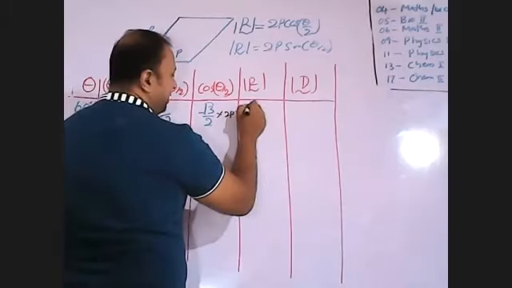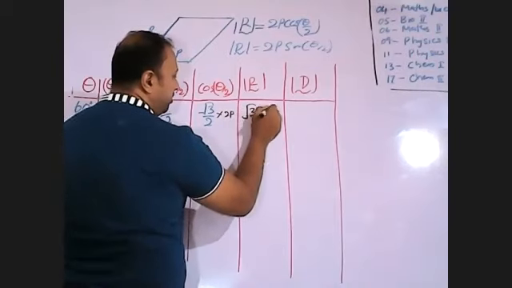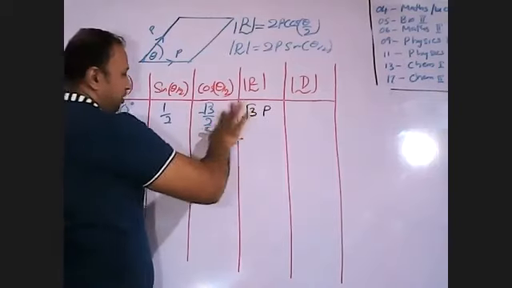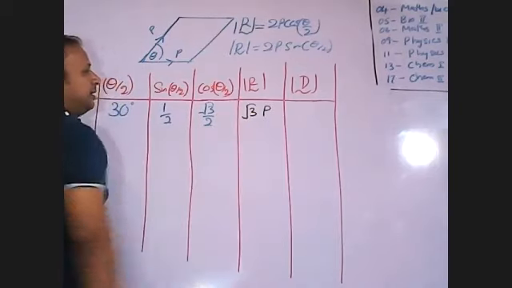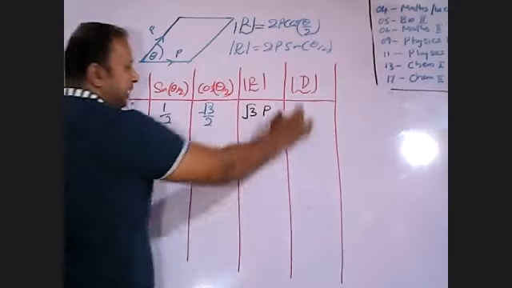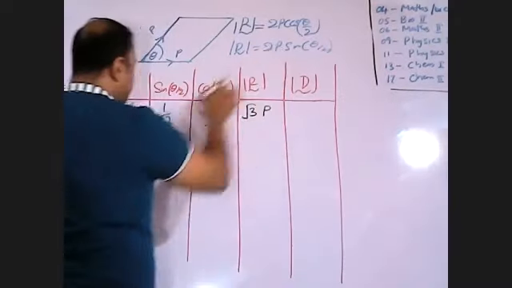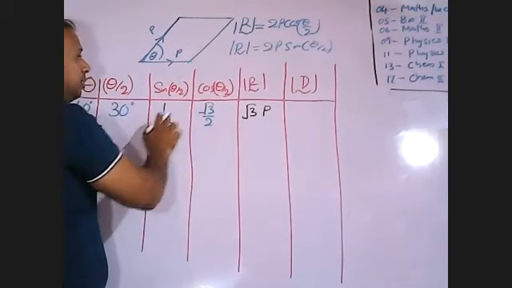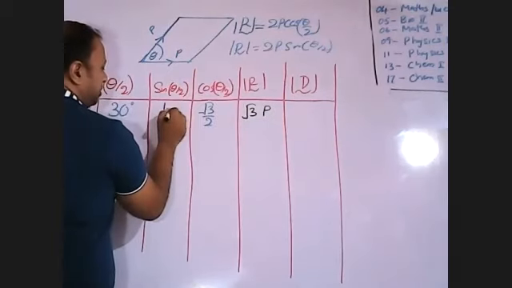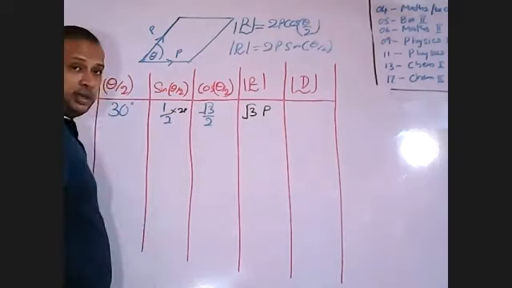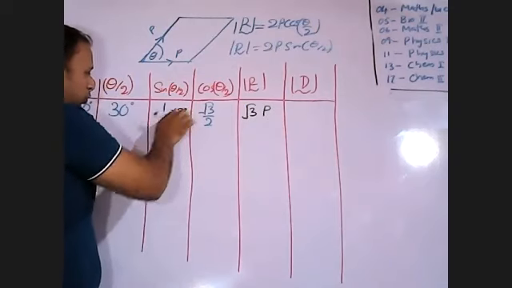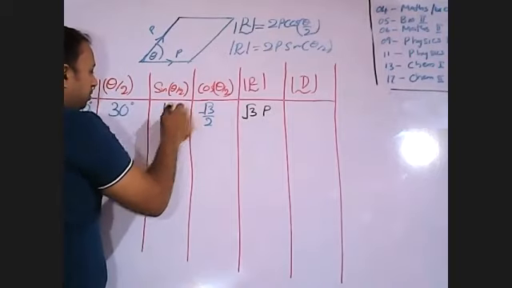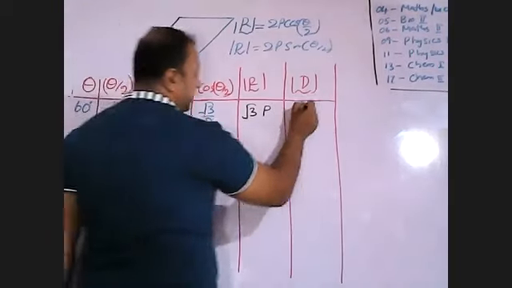Then my answer is root 3 times P. Then D is 2P times half. 2P times sin theta over 2. If you multiply, the 2s cancel out. Then the answer is equal to P. It is A.